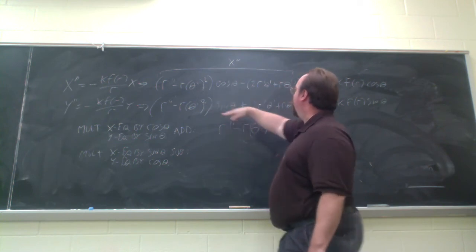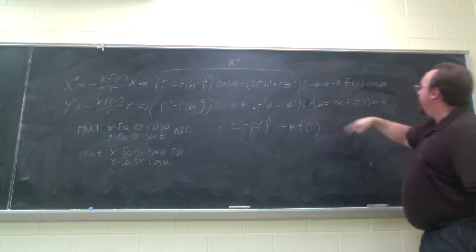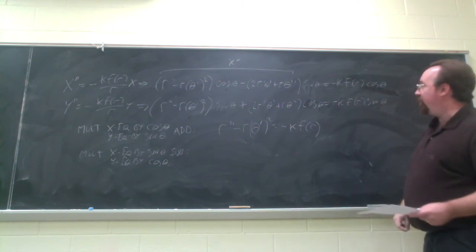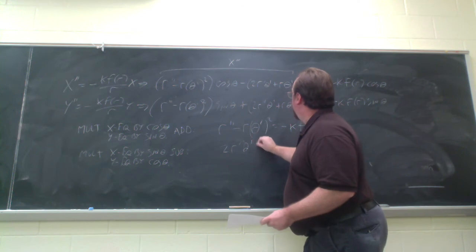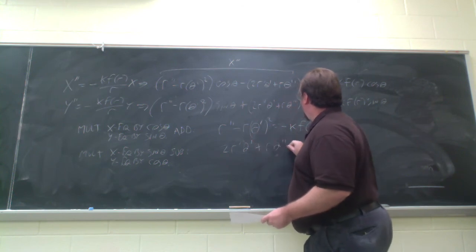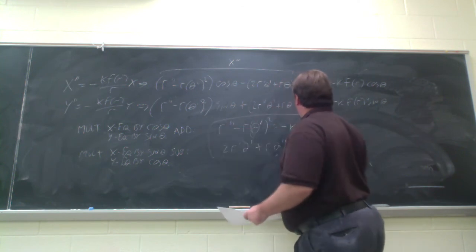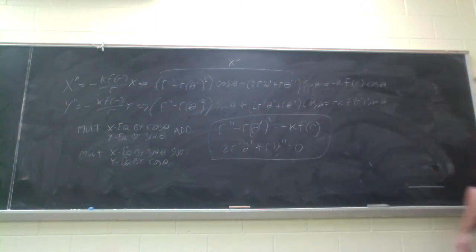These parts will cancel, and these will stick around, and these will cancel. So what's left is 2r prime theta prime plus r theta double prime is equal to 0. So now you transform the system yet again by taking advantage of conservation of angular momentum to put everything in 2D and therefore polar coordinates.